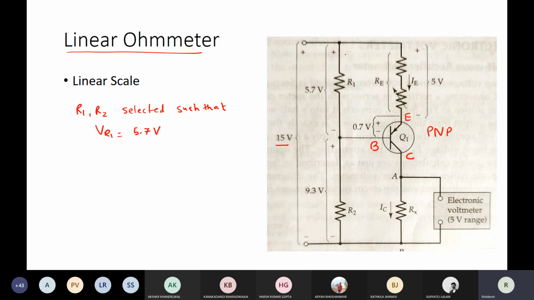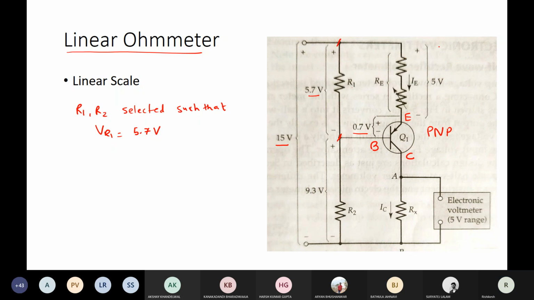Okay, so when you maintain this voltage difference as 5.7 volts by appropriate choice of R1 and R2, then when the transistor is conducting, considering 0.7 volt as the voltage drop, this voltage is like VBE.